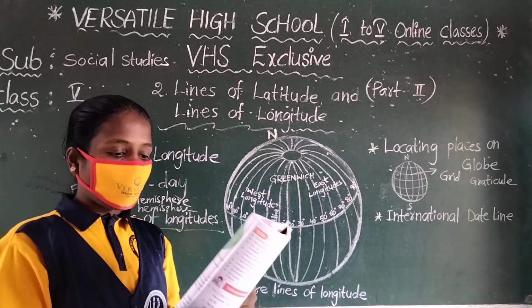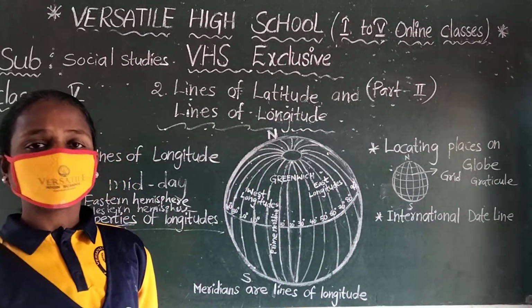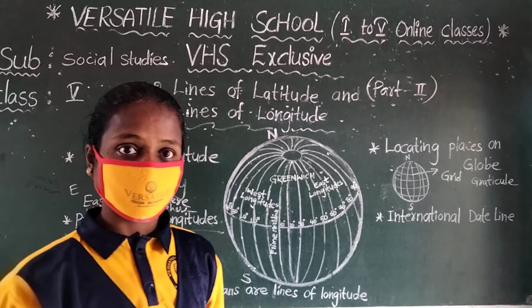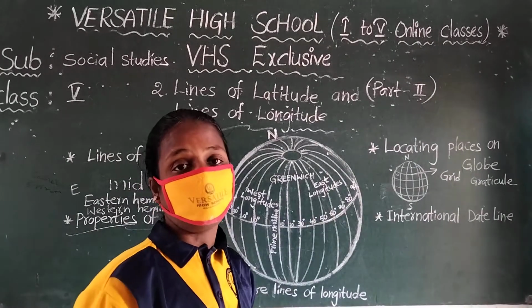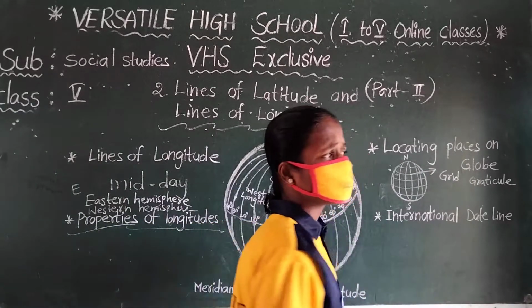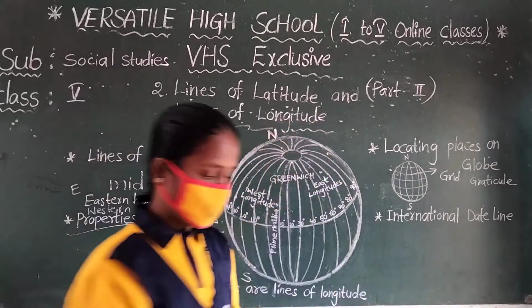We can locate all the places on the earth's surface. You know India. What is our country? India is our country. You can also locate where India is on the globe. So observe the earth's surface, where each place is located on the globe.